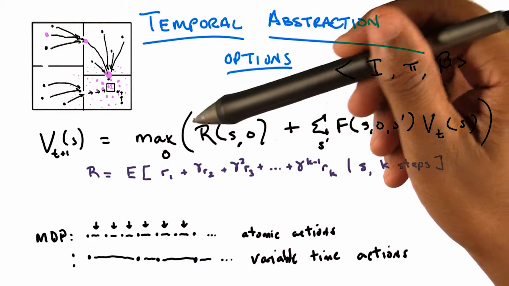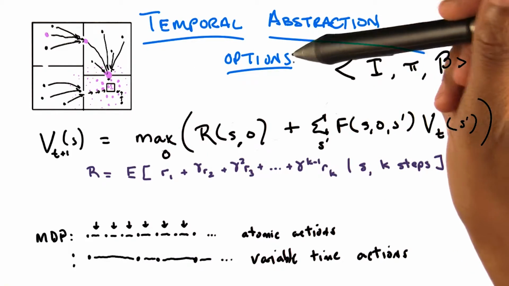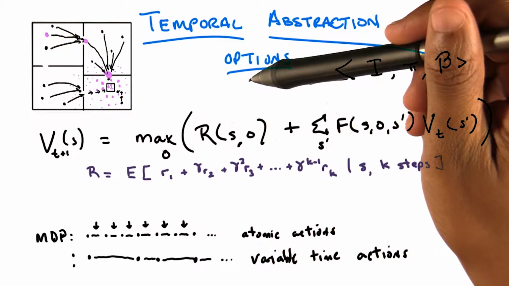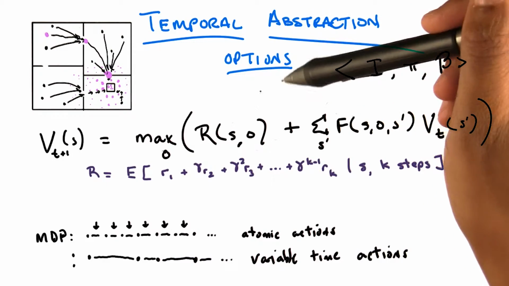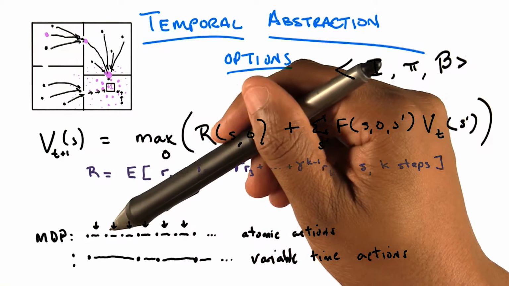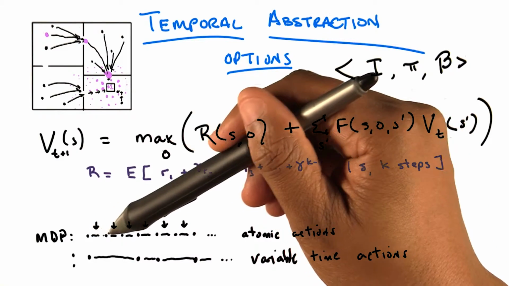Right. So one way of thinking about this is, remember, all an option is is a policy that I'm going to execute. That policy will be realized in specific actions, which means it will be realized in particular states and rewards that I will see, a bunch of SARs.